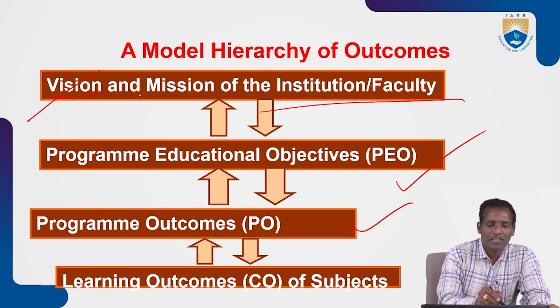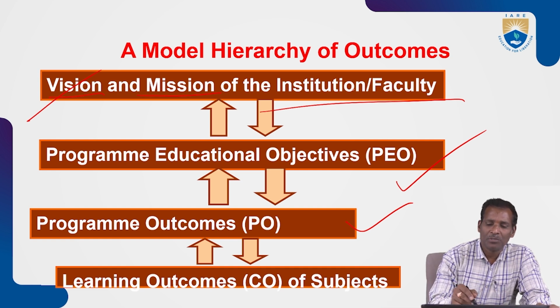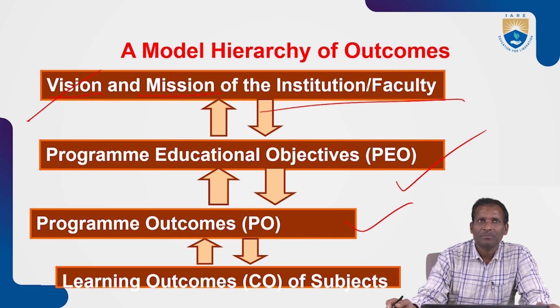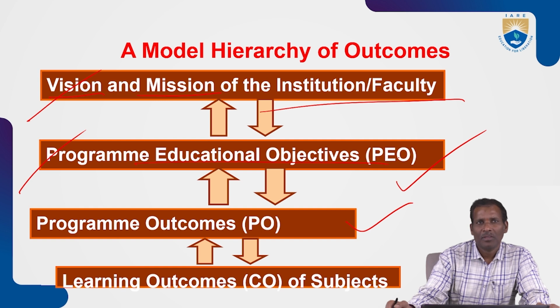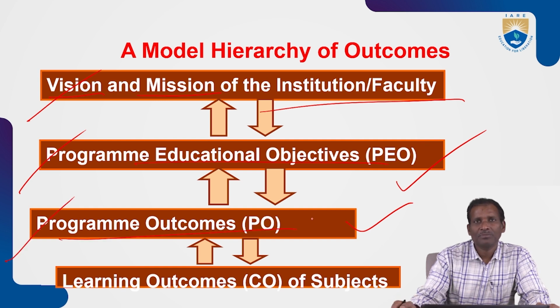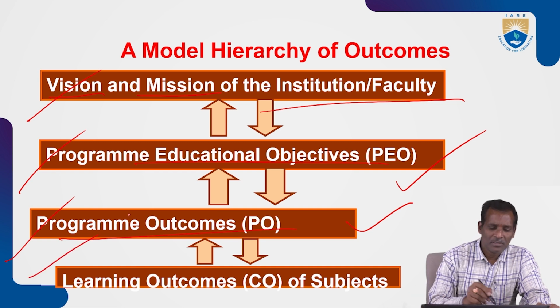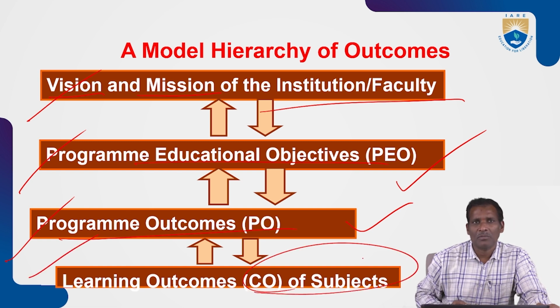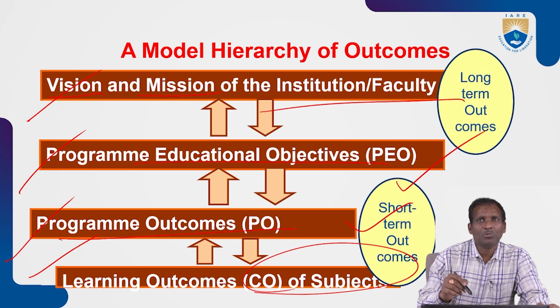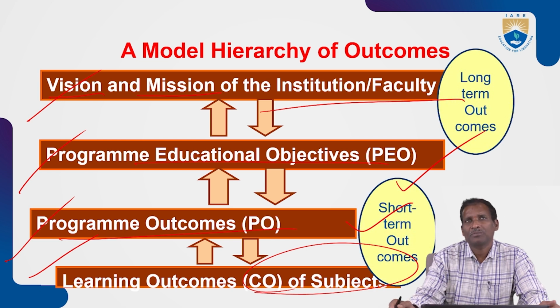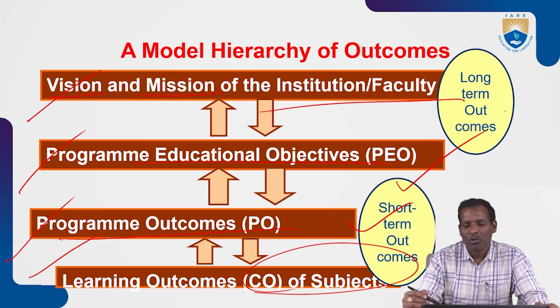Vision and mission of the institution or faculty, program educational objectives, PEOs, program outcomes, and learning outcomes, that is, COs of the subjects. The vision and mission of the institution and the program educational objectives are long-term outcomes.